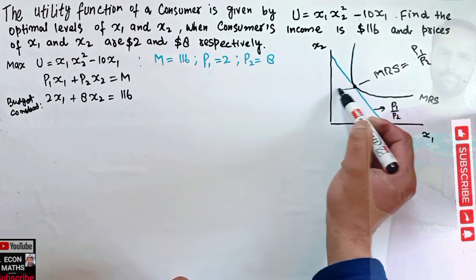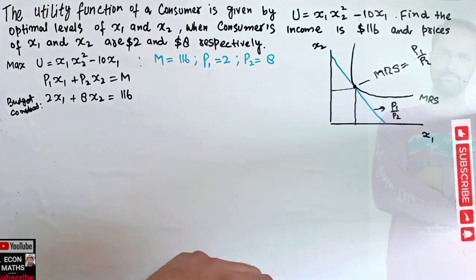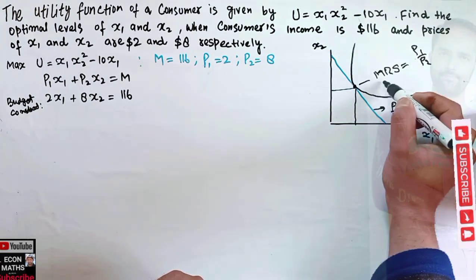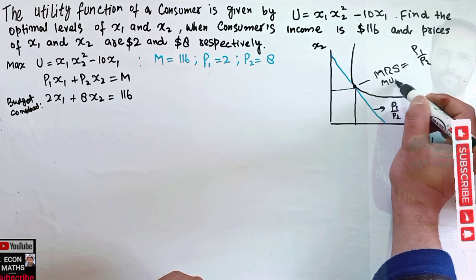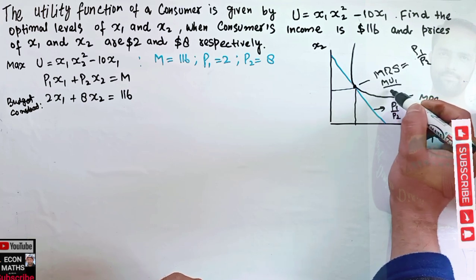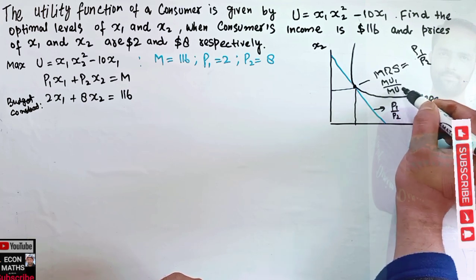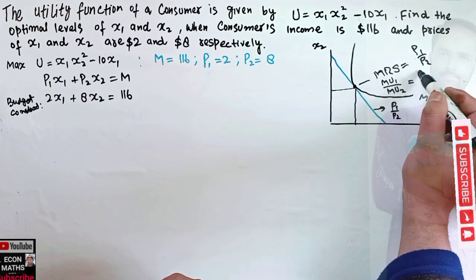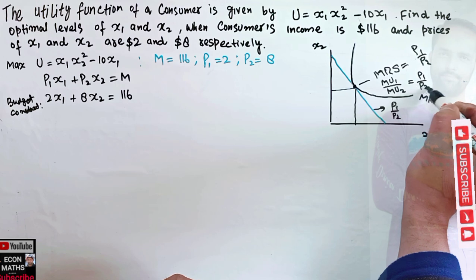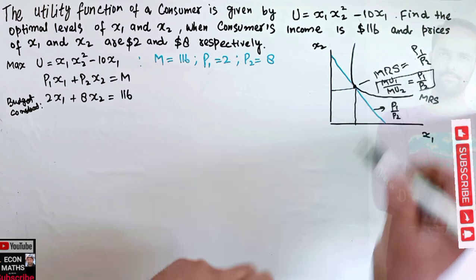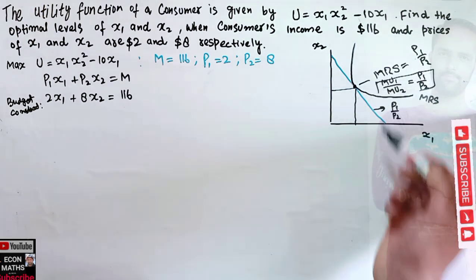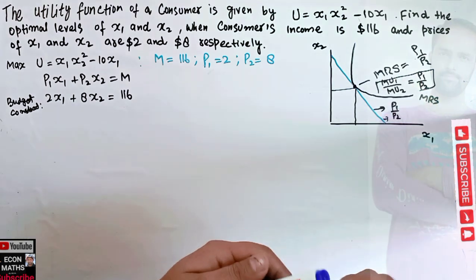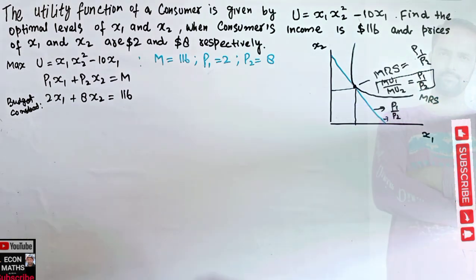This point denotes our optimal point. By marginal rate of substitution, we mean the marginal utility of good x1 upon the marginal utility of good x2 should be equal to p1 upon p2. This is our tangency condition, and we also say that the slope of the budget line should be equal to the slope of the indifference curve at the point of tangency.